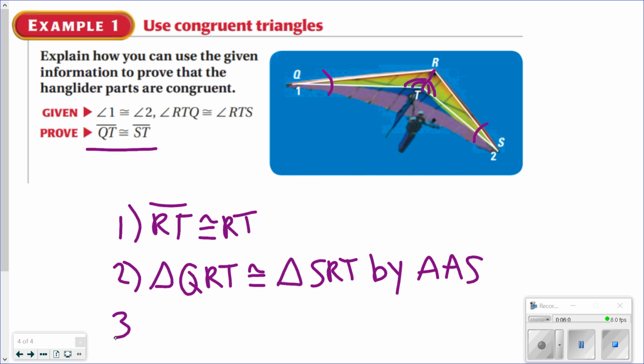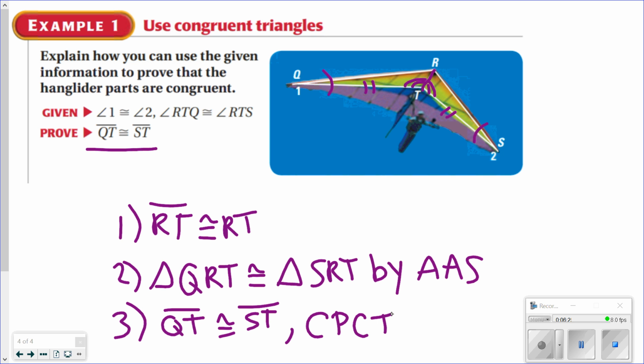So now that these two triangles are congruent, I therefore know that QT, which is this side here, is congruent to ST, which is this side here. So I'm going to write that down, that QT is congruent to ST. Why? Well, those two triangles are congruent, and corresponding parts of congruent triangles are congruent. And I'm done.